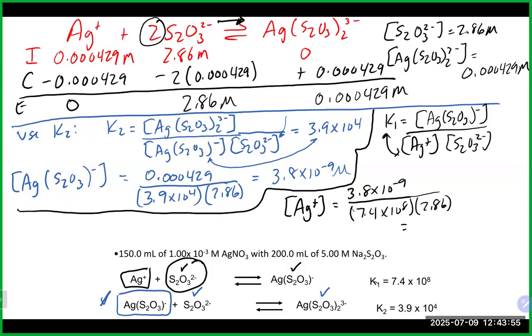And if I do that, I will end up with a silver concentration of 1.8 times 10 to the minus 18 molar. And again, that is sort of what we would expect, because we would expect the concentration of the silver to be relatively small, right? Based on our assumption.